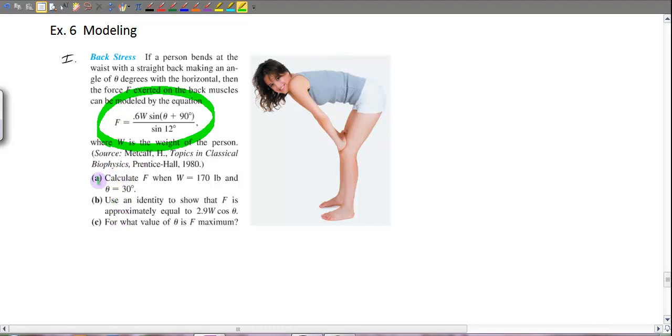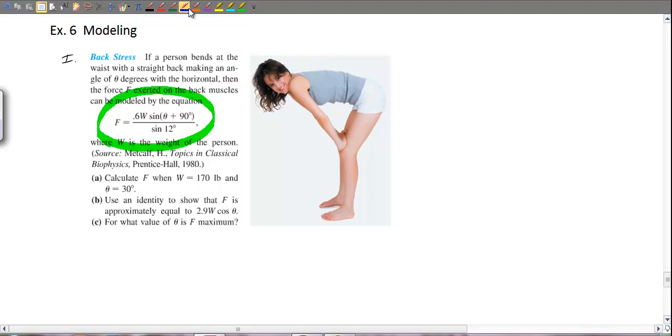They're telling us what the formula is, but then we're going to go through and do some calculations based on it. The first problem wants me to find F, the force, when somebody weighs 177 pounds and theta is 30 degrees with the horizontal.